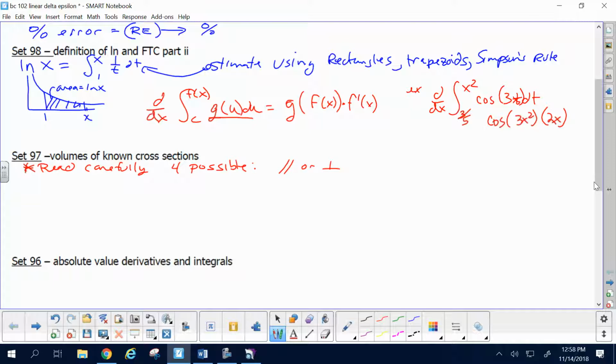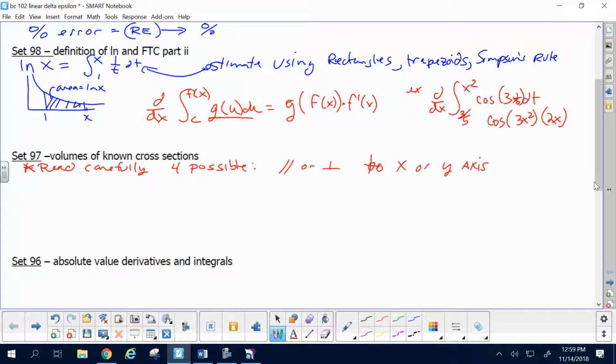It could say parallel to the blank axis or perpendicular to the blank axis, and it could be parallel or perpendicular to the x or y axis. If you misidentify the type of base segment, then you're going to go off in the wrong direction.